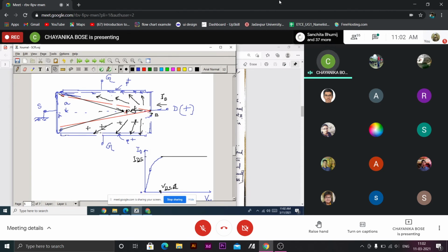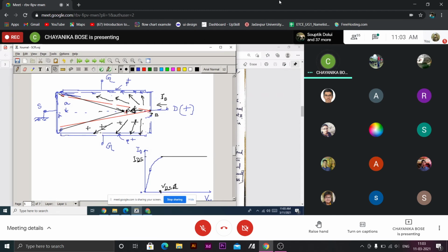So carriers that are drifting across the neutral channel reach here at the pinch point, and then they enter the depletion region and experience this field in this direction. So electrons will be swept in the opposite direction through the depletion region and will reach the drain terminal. So we will get current.